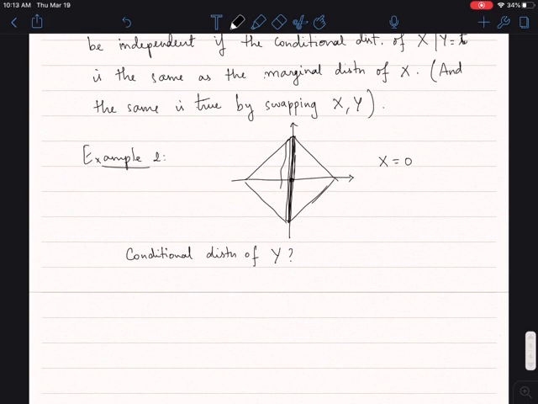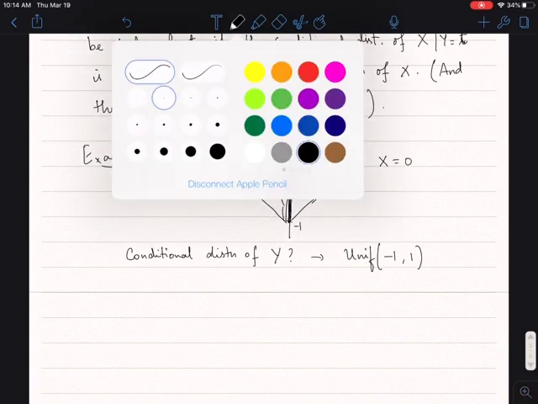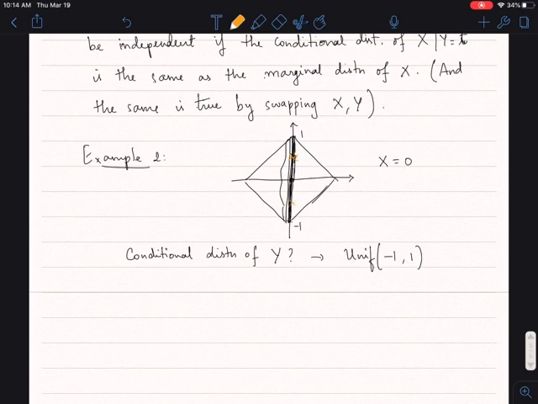Therefore, every point on this line is now chosen with equal probability, because I am conditioning on the fact that you are on this line. So the conditional distribution of y will simply be the uniform distribution over -1 to 1, because the value of y can lie anywhere between -1 and 1, and each point on this line is equally likely. Therefore, you get this distribution to be uniform -1 to 1, conditioned on x equals 0.